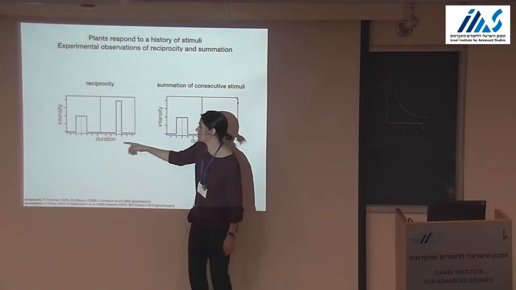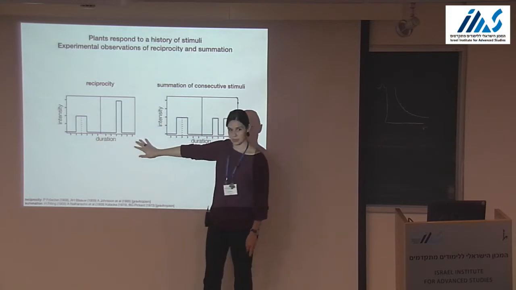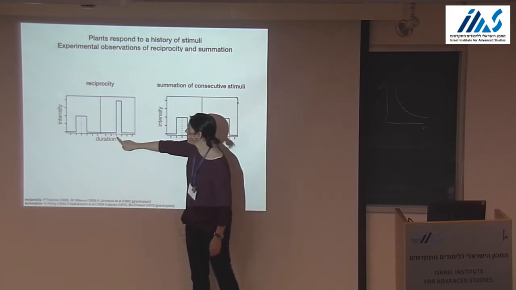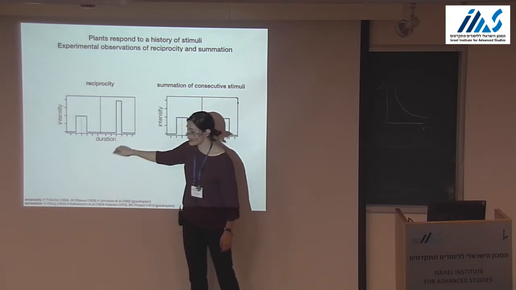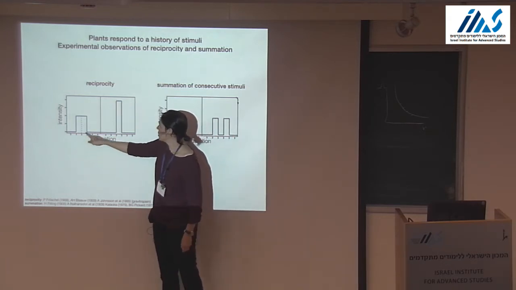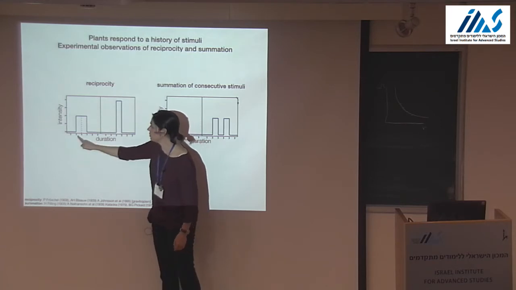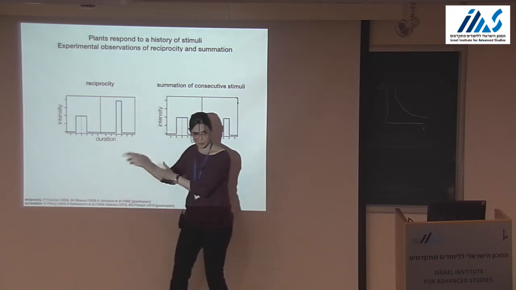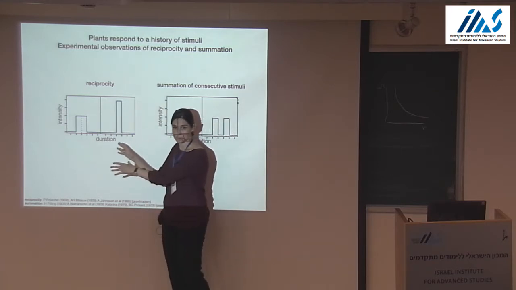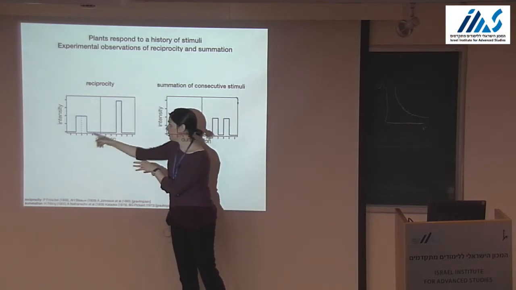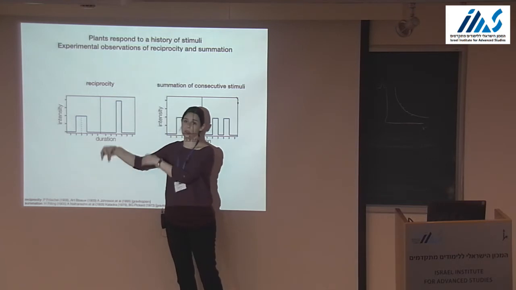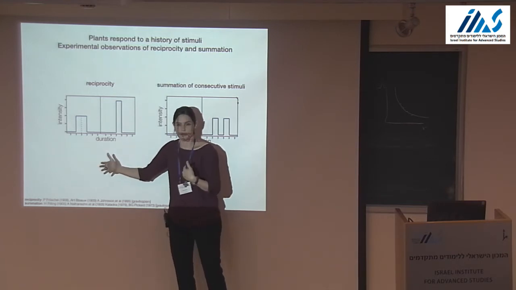Reciprocity is, for example, these are examples of stimuli. So you have here a stimulus with a given intensity and a given duration. And here you have a different stimulus with, let's say, half the intensity and double the duration. So it's a reciprocal ratio, but the dose is the same. And it turns out that plants respond exactly the same to these two stimuli as long as the dose is the same, within a certain window of time, of course.